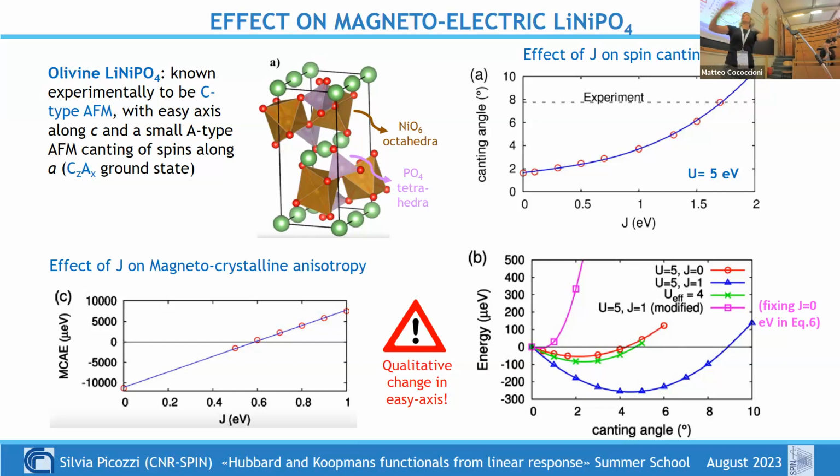So you want the spin to align, I don't know, 5 degrees away from the z-axis, and so you put in a penalty function, a Lagrange parameter, and as you go on with self-consistency, the spins will align like this. Then of course you have to check in the end that your spins really are as you wanted them to be. Sometimes you try to impose it, and then this constraining field is not large enough, they deviate, and of course it's micro eV, so your results are wrong. Yeah, so it never converges.